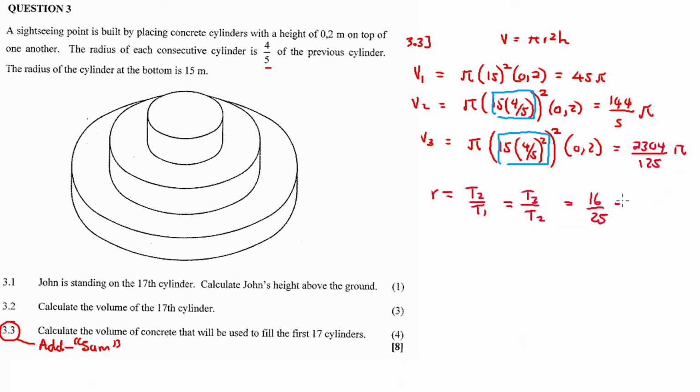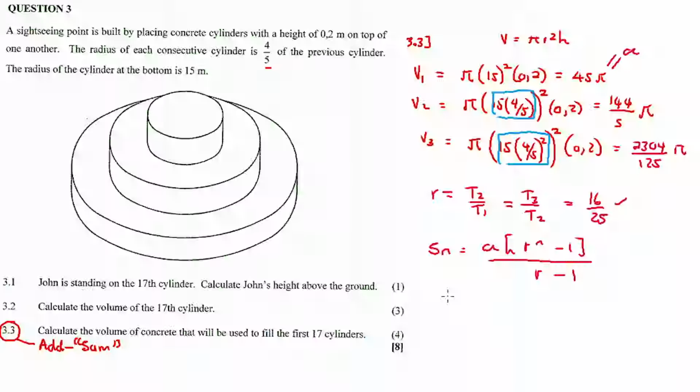So we now have r, we also have a. This is going to be our a value. Since it's a geometric series, we're going to use this formula: a, open bracket, r to the power n, minus 1, over r minus 1. We want the sum of the first 17 cylinders.